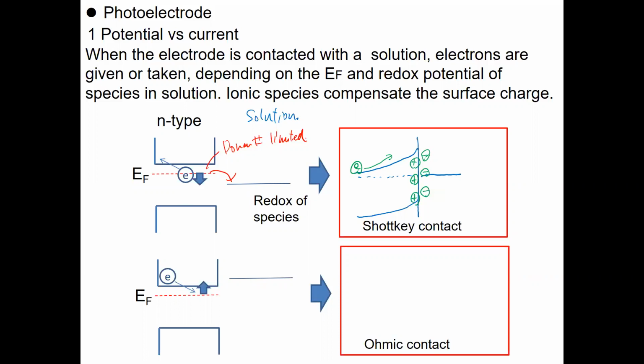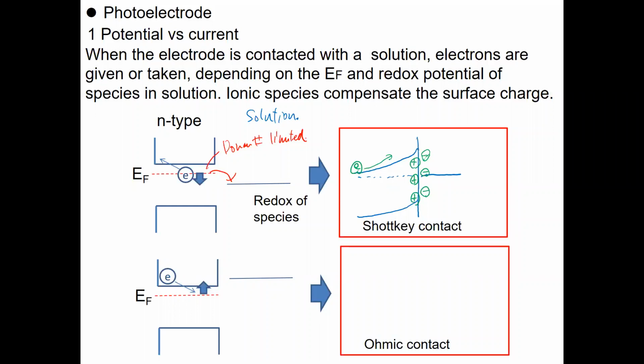So this is what happened when the redox potential is lower than the Fermi level. Okay. On the other hand, when the redox potential is higher than the Fermi level, how to think about this is the same.